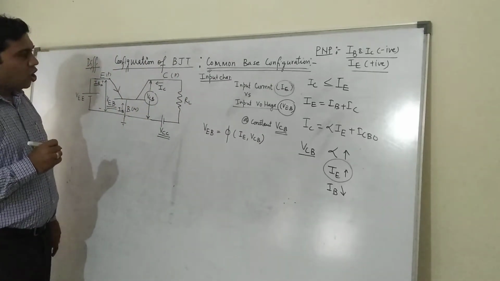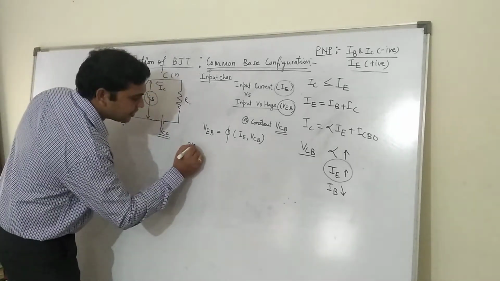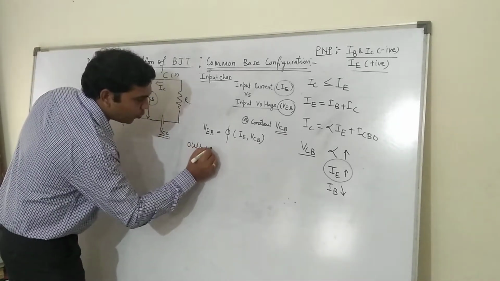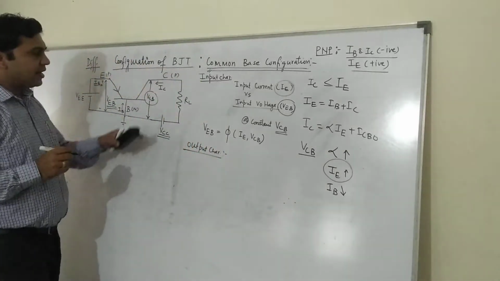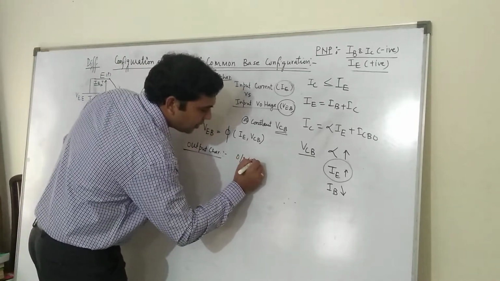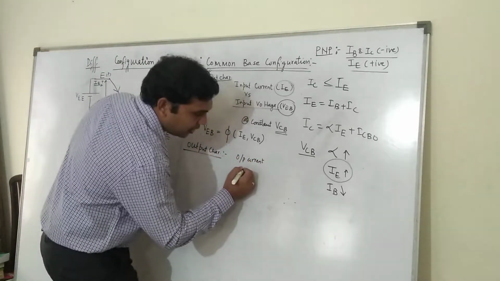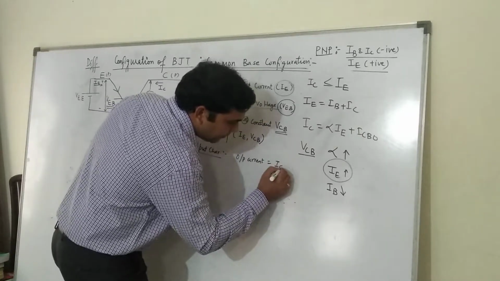Or in case of IC, let's say the output characteristics. In output characteristics, what is the output current? Let's say IC.